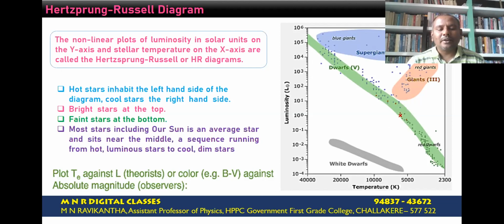These two parameters are experimentally measurable, and they can also be calculated theoretically. Theoretical physicists use luminosity-temperature plots, whereas experimental astronomers use absolute magnitude as a function of spectral classes.